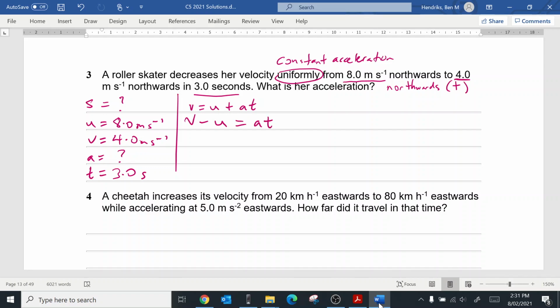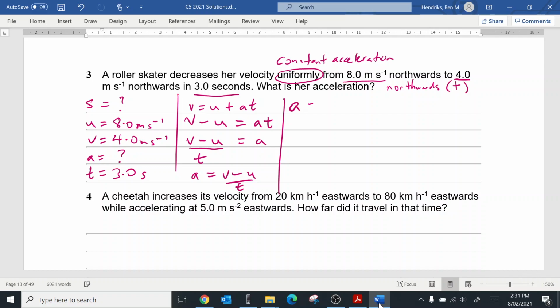And then we've got A times T, so we need to divide both sides by T. So we get V minus U divided by T equals A. And now we can just go A is equal to V minus U divided by T, like that.